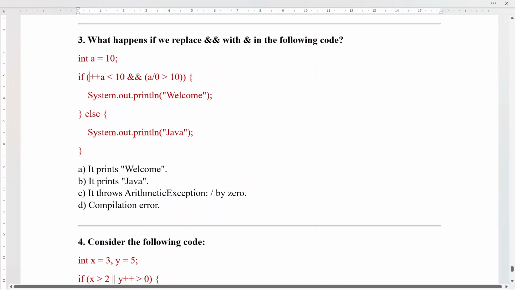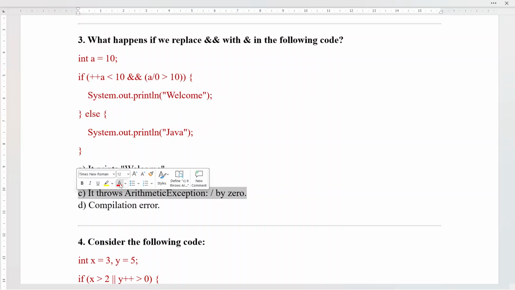So it works fine and it results in Java. But if you replace short circuit AND with bitwise AND, then argument 1 and argument 2 both are being executed. So whenever the JVM executes argument 2, it raises arithmetic exception divided by 0. So option C is the correct option.